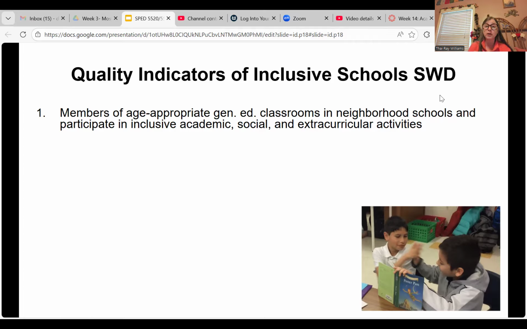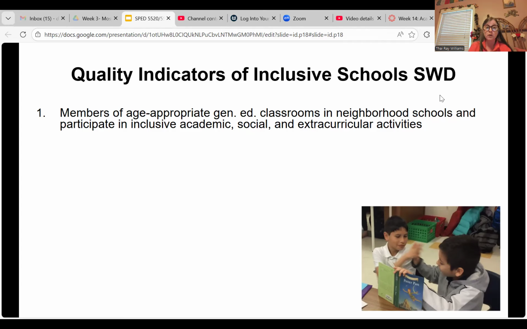I know a lot of you were peer tutors, so you may want to look at the school you attended, even if you didn't have that program, or just a school that you're familiar with, and see what quality indicators does the school you're thinking about have? Which ones would you say, yeah, that's a quality indicator of the school that I'm teaching in?